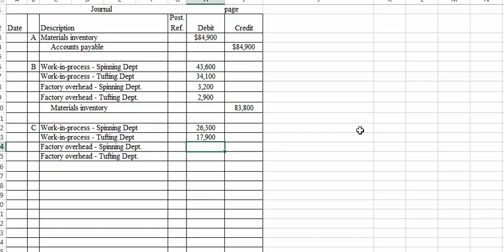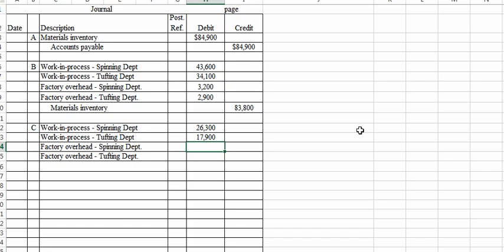Right, then we're going to debit factory overhead for the spinning department for indirect labor in the spinning department. That could be supervisor salaries, could be cleanup staff, quality control. Anyone that's working in the plant there that is not actively working on producing the carpet.